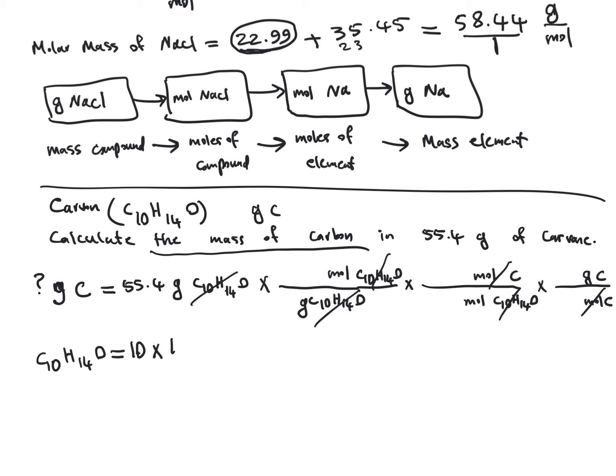Multiply by 12.01. Plus, how many hydrogen? Exactly. And can you tell me the molar mass of hydrogen? Yes, exactly. How many oxygen do I have? And what is the molar mass? Yes, exactly.